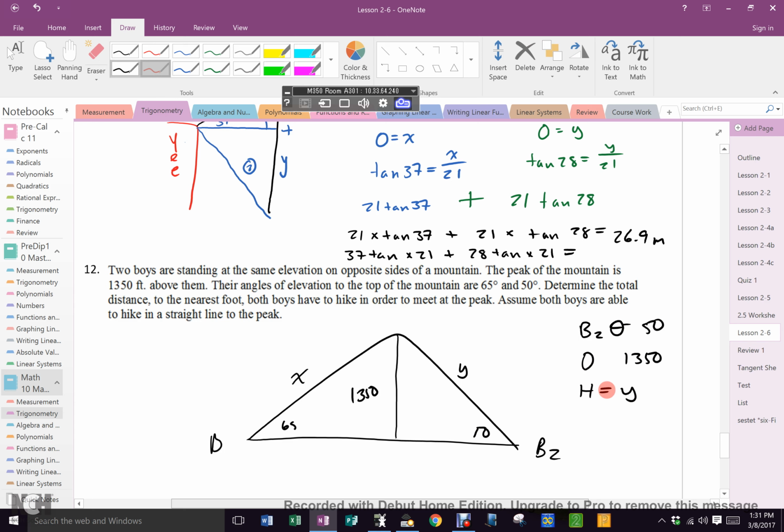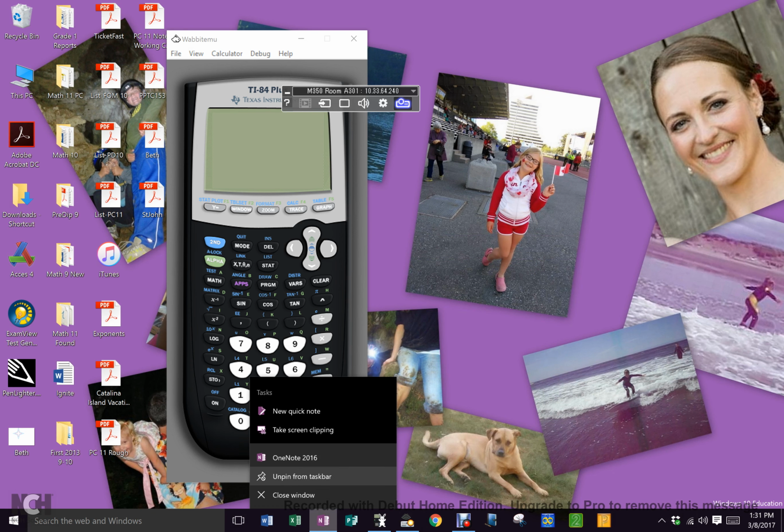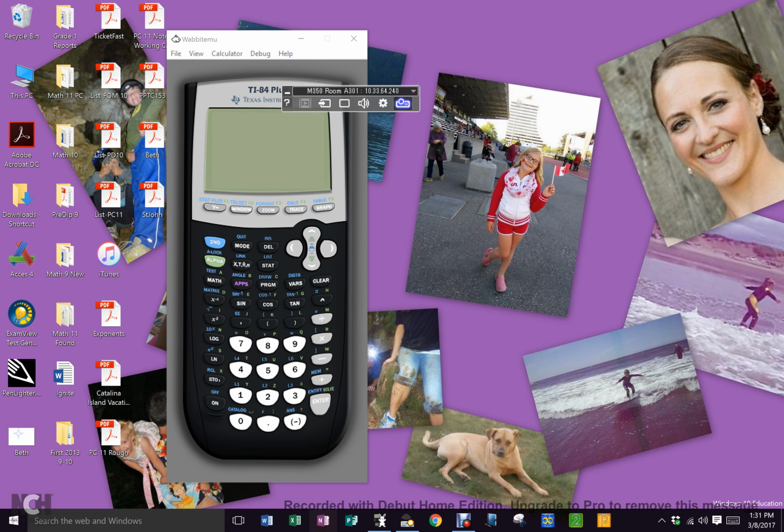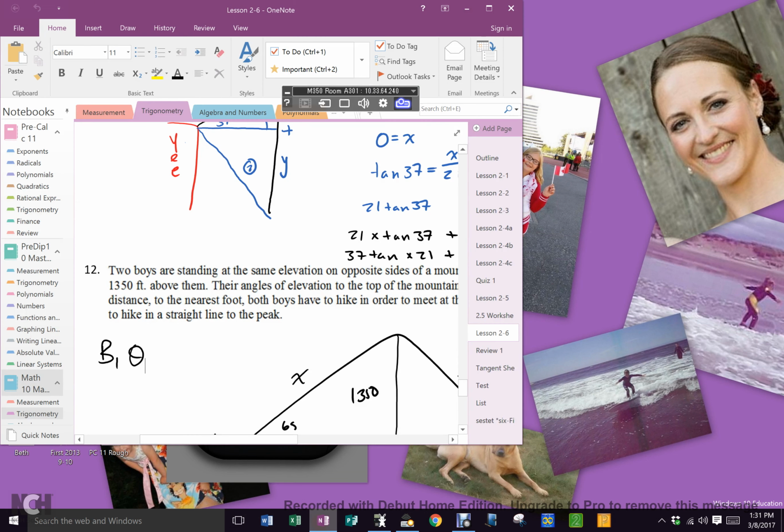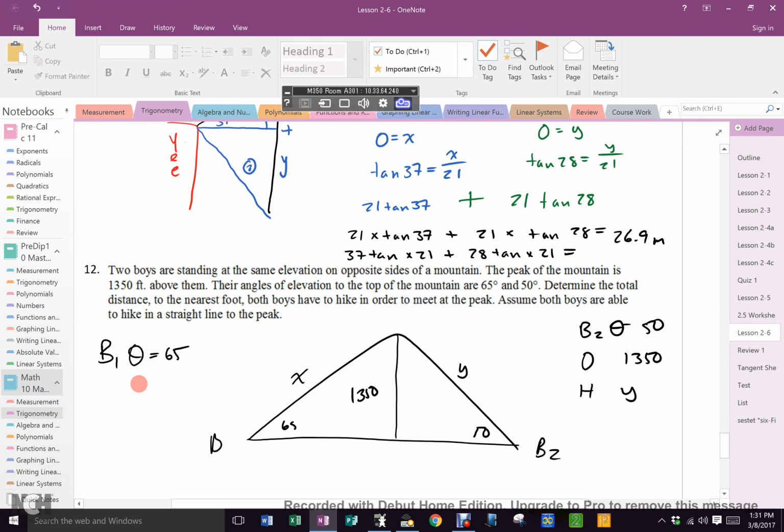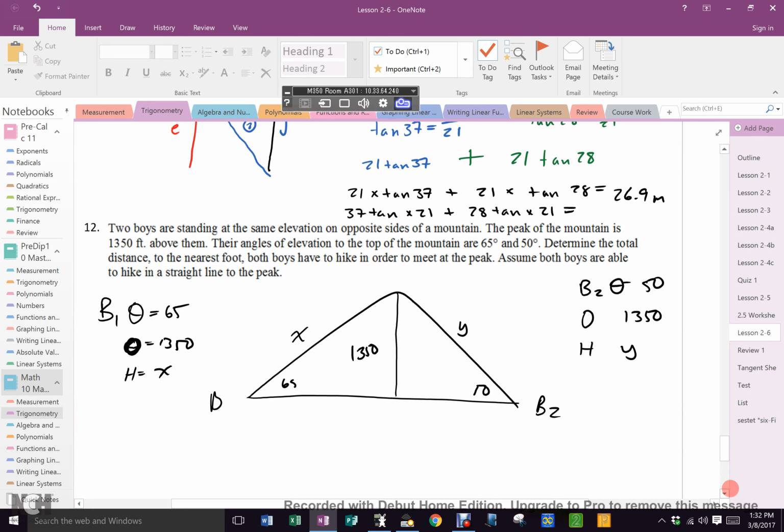Yeah? Okay. What about boy 1? Does he have a theta? 65. He has an opposite of 1350, and he needs a hypotenuse of x, yes? So what uses O and H?